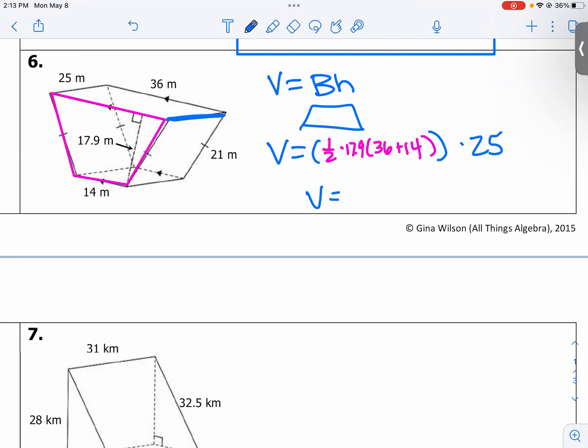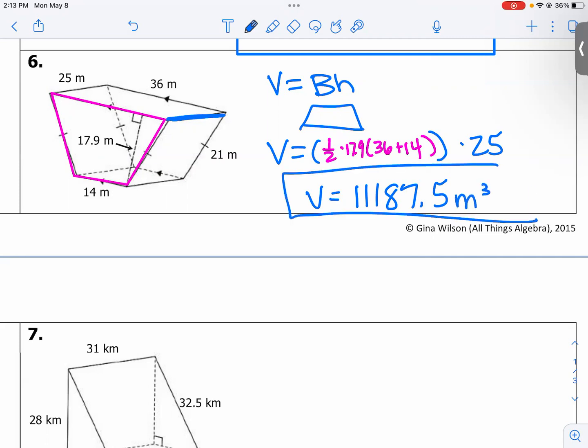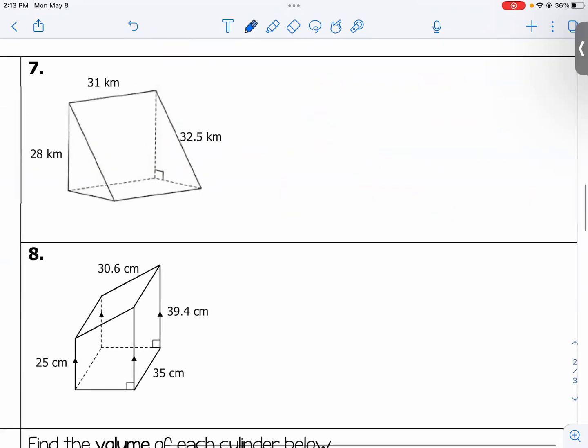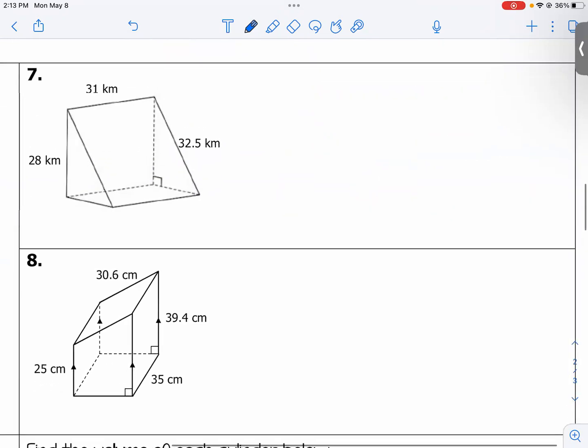Paxton, what is the volume? Did you put this in your calculator? It's 1187.5. Nope. Okay. Okay, let's go ahead and turn to the next page.